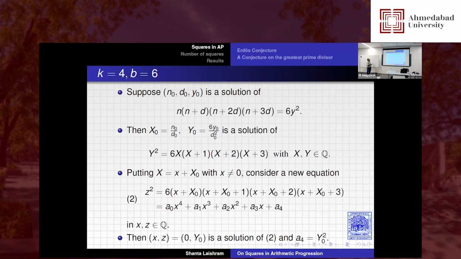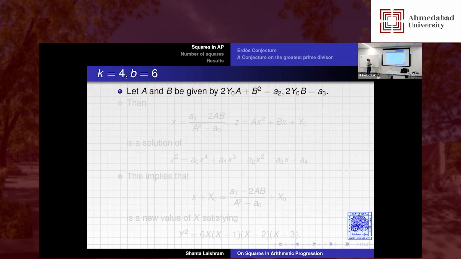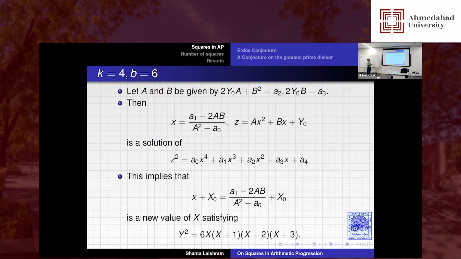It has one solution. So what I'm going to do is take a and b given by 2y naught a plus b square is a2, 2y naught b is equal to a3. So I know what is small a, small a1, a2, a3, a4. So I know capital Y naught. So I'm going to find a and b satisfying this property. From here I get b, which is a3 by 2y naught.